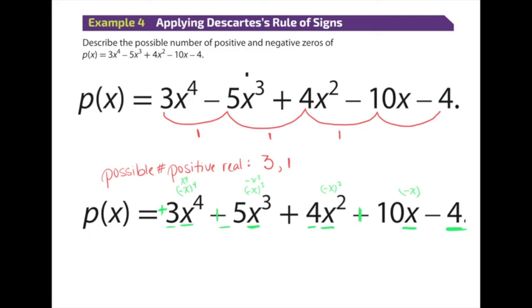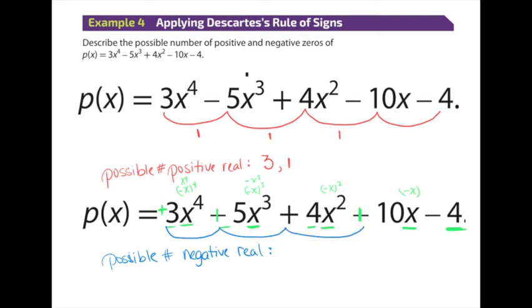Positive, positive, positive, positive, negative. And then my possible number of negative real, helps to spell possible, right? I'm going to do the same thing I just did with this guy. It goes from a positive to a positive. I don't count it. Positive to a positive, it still did not change.